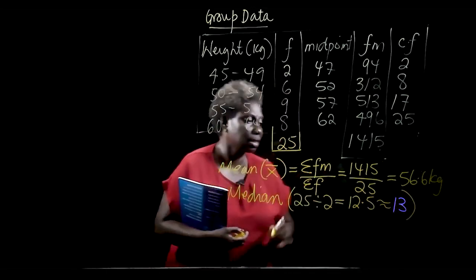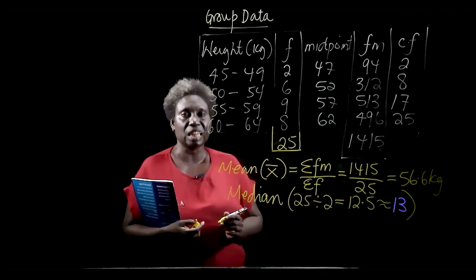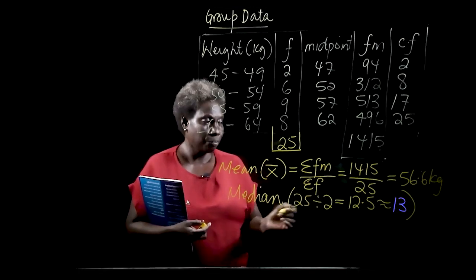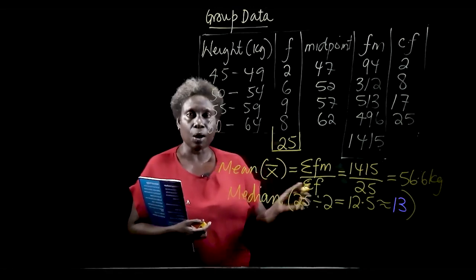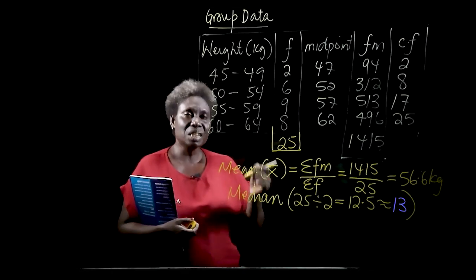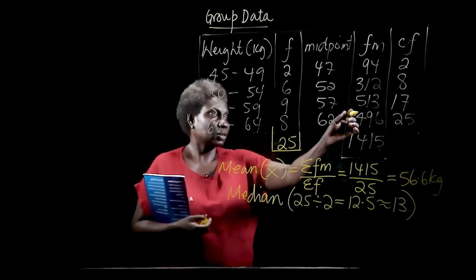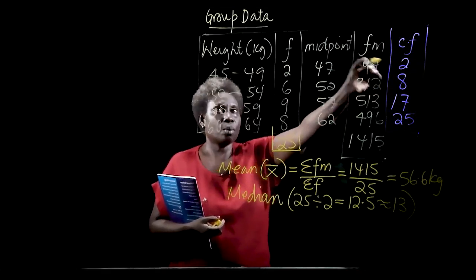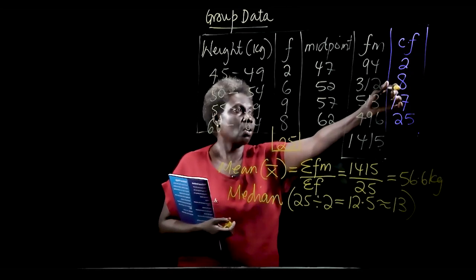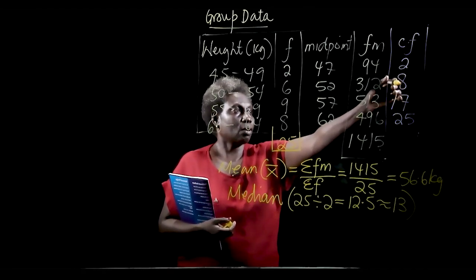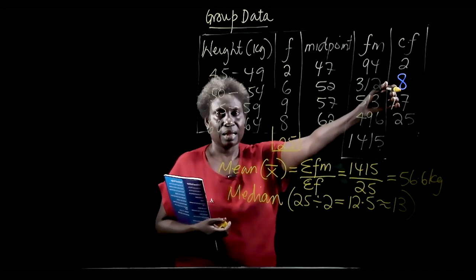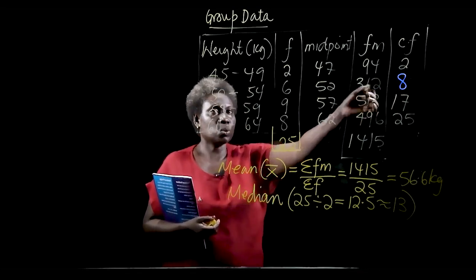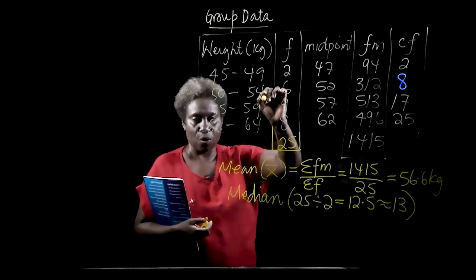So from this, we can now work out the median. 13 is the midpoint, so it will correspond to the median weight. Let's look at the cumulative frequency column. From 45 to 54, the total number of students is 8. 8 is the last of the students who weigh 45 to 54.